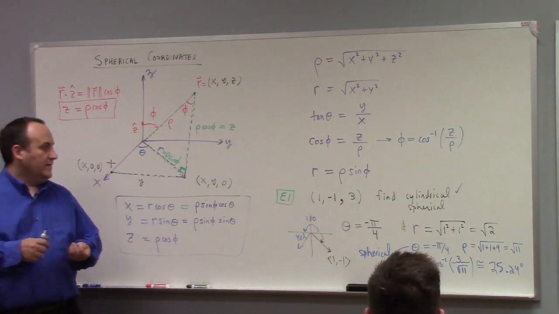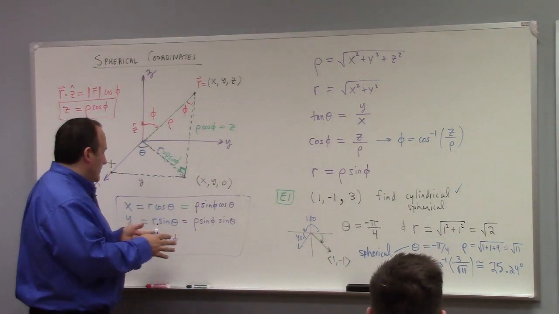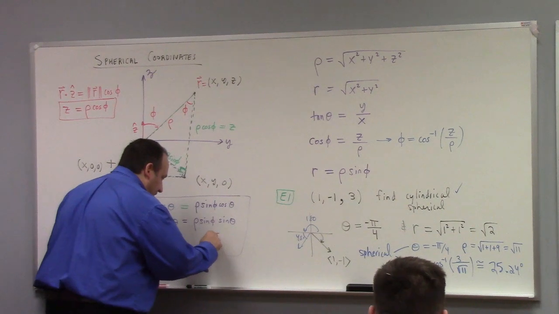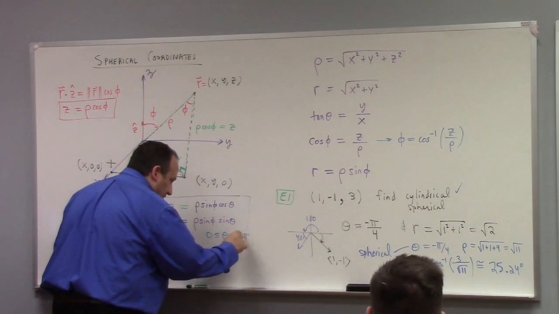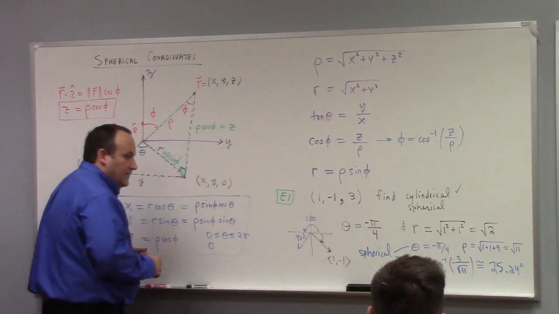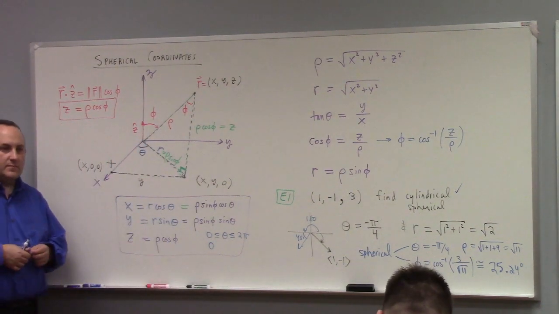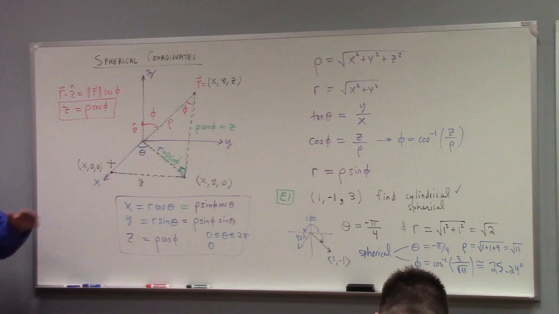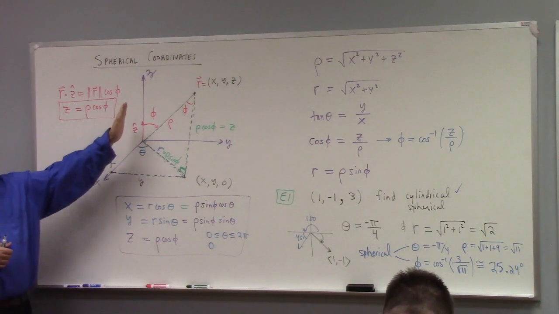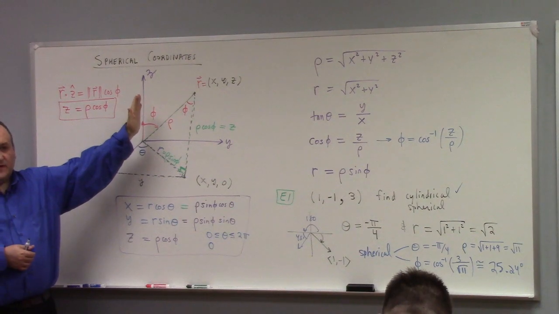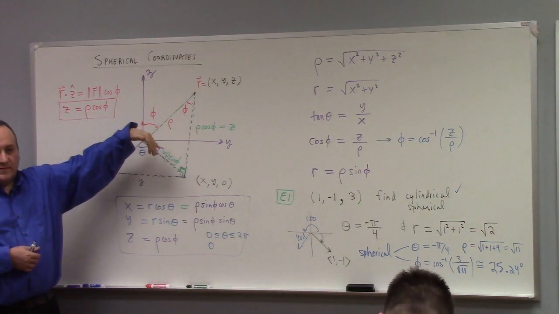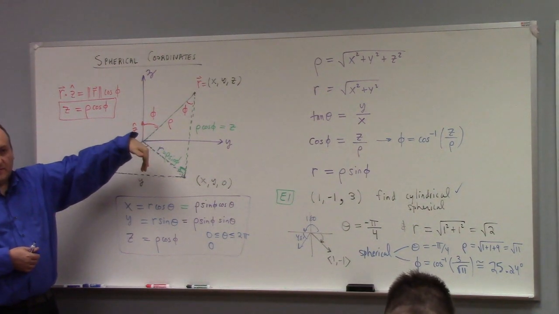By the way, we can naturally limit theta to range over any 2 pi period. How about phi? What's the range of phi? They're not the same. The angle off the z-axis, so the z-axis is phi equals 0. The negative z-axis is 180 for phi.